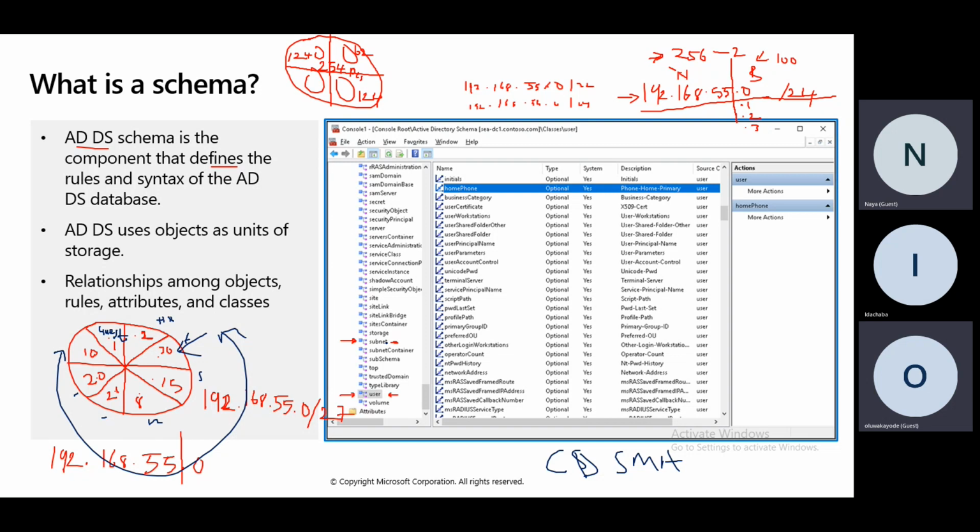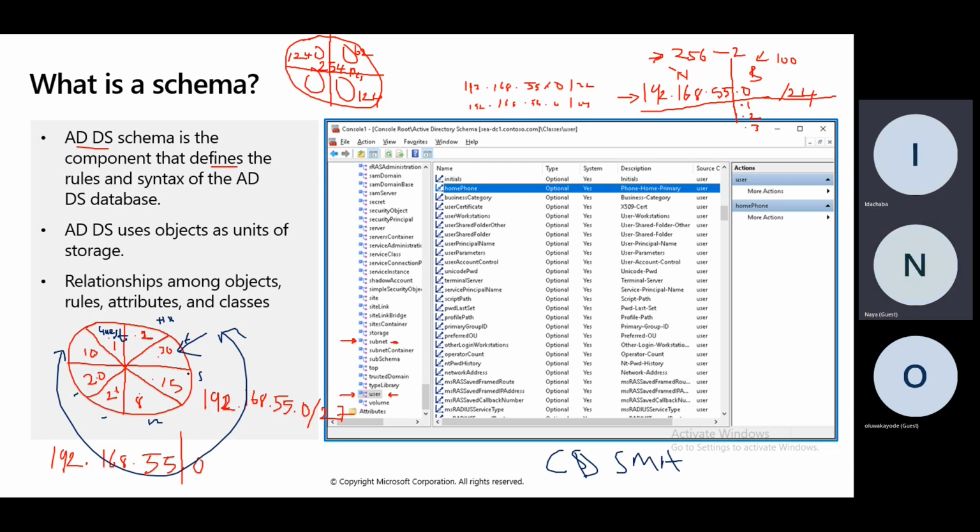I'll see different subnets. Exactly. You see all these subnets, like you see the network address, like you said, /27.